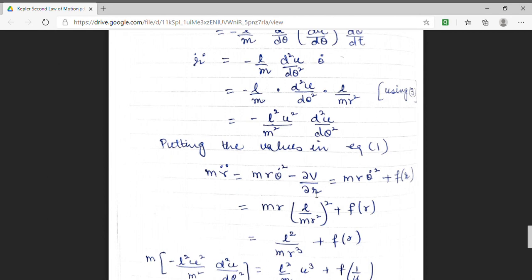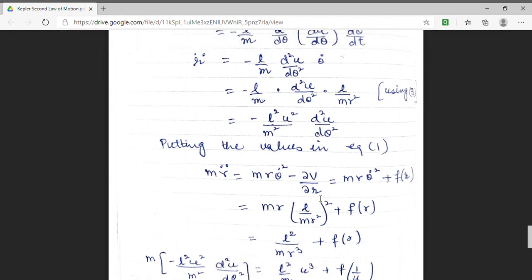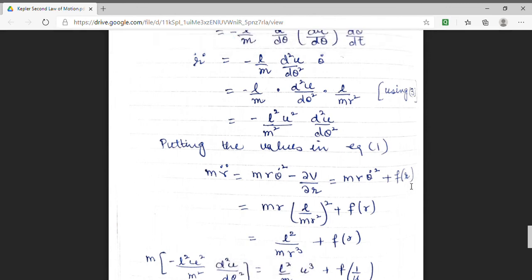We know that −∂V/∂r is the force. So I am writing −∂V/∂r to be equal to f(r). Here I am expressing θ̇ in terms of L: m r (L/(m r²))² + f(r).